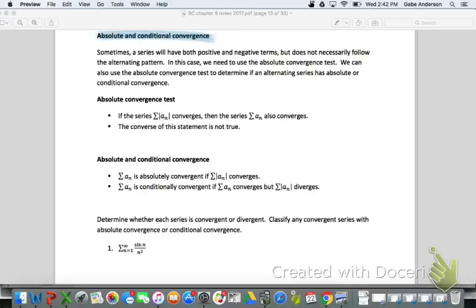So I want you to think about it like this. The word conditional means that there are conditions attached to the convergence, right? I don't know if you've ever heard, maybe you hear people brag, that happens sometimes, where people will brag about how good they are, maybe their dad is, or how good their friend is, or whatever.